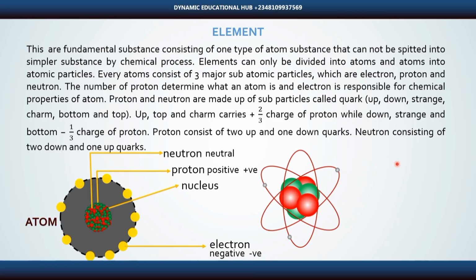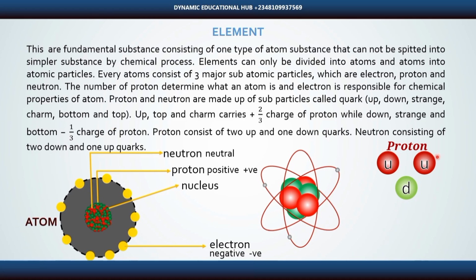Proton is made up of 2 up quarks and 1 down quark. Earlier on, I made mention of quarks, and I said that proton is made up of 2 up quarks and 1 down quark. The up quark is carrying +2/3 charge, down quark -1/3.